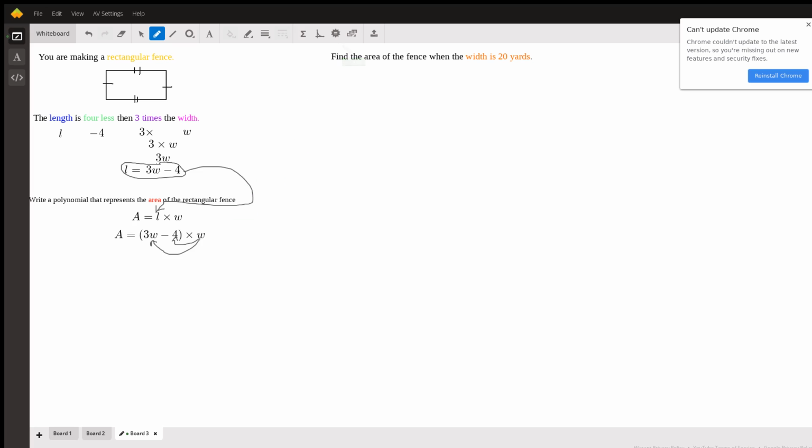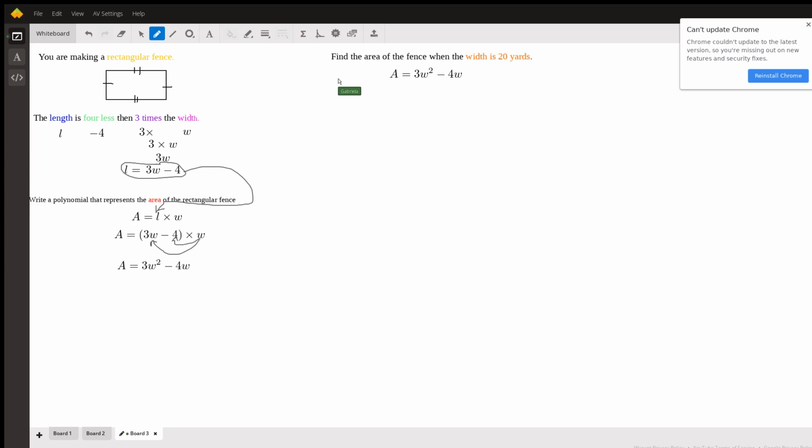So A equals 3W squared minus 4W. There we go. So that is our polynomial that represents the area for our rectangular fence.